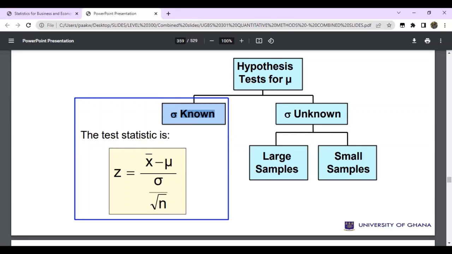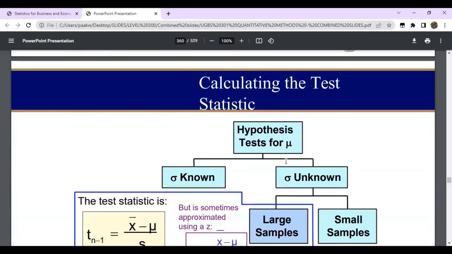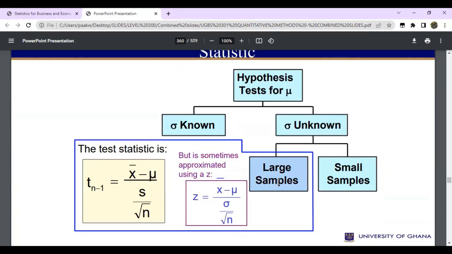Now let's look at when your standard deviation is unknown, but your sample is large. When your standard deviation is unknown and your sample size is large, first of all, we can use the T test statistic or we can use the Z test statistic. So the T is given as t with n minus 1 degrees of freedom, equal to the sample mean minus the population mean, all over s over the square root of n.